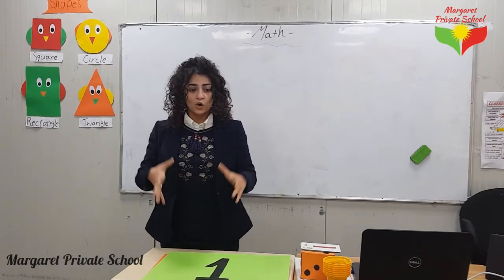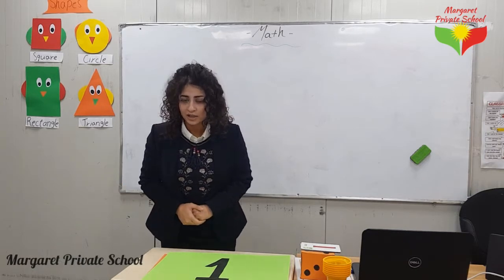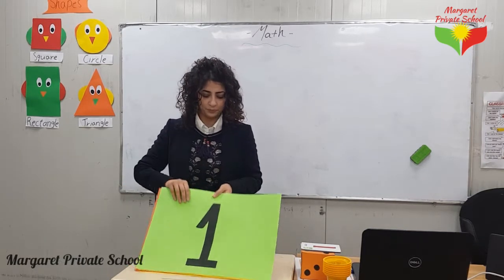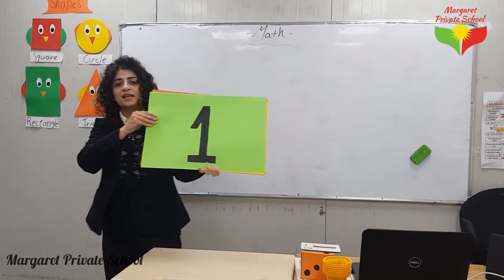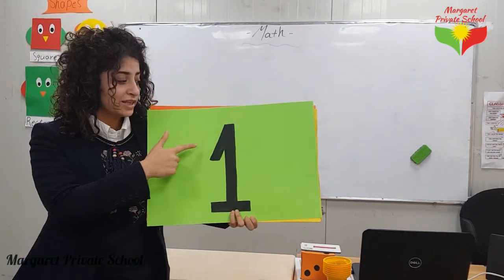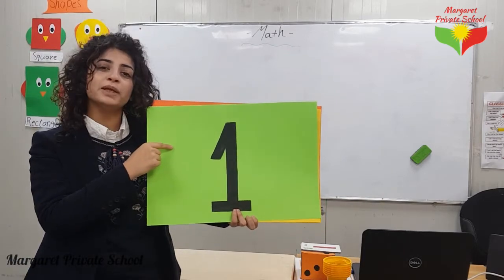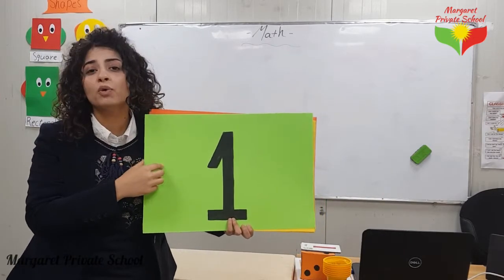Okay. Now we will make a quick review from the previous lesson. Now all of you, what's this number? Who can tell me what this number is? This is number 1. Can you repeat after me? This is number 1.